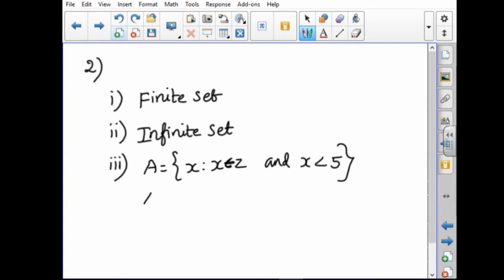So the A set has -3, -2, -1, 0, 1, 2, 3 and 4. Okay, 5 is not included because x is less than 5. So integers means negative numbers are also included. So the number of elements is not countable. Okay, so it is an uncountable set. So this set is an infinite set.